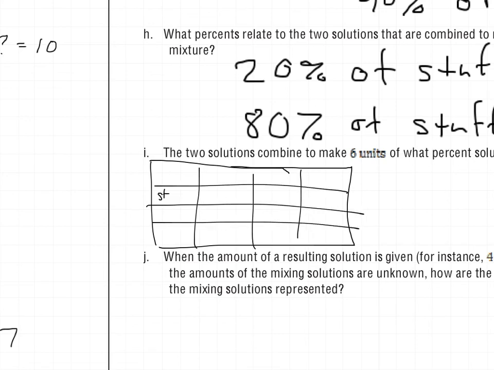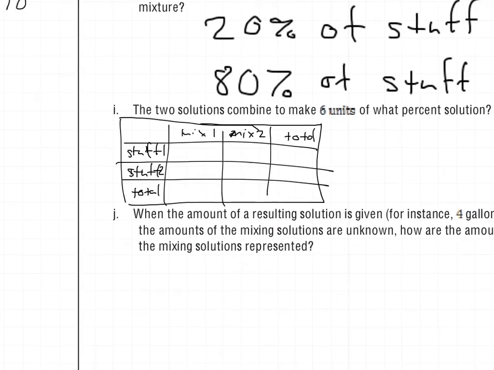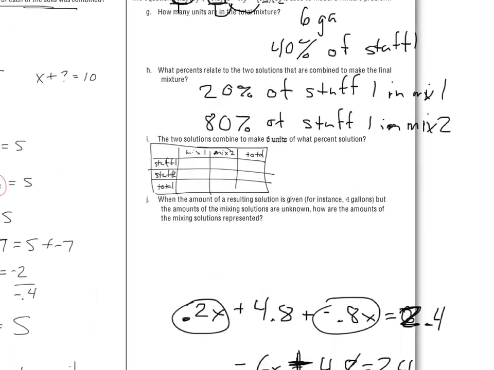We'll just call this stuff 1, stuff 2, total, this is mix 1, mix 2. So that gave me the x for this one.